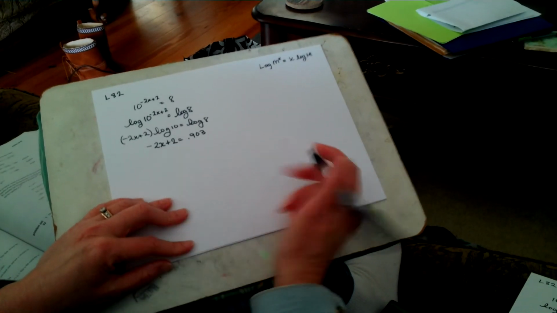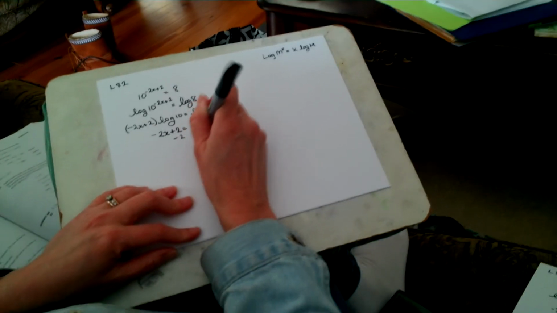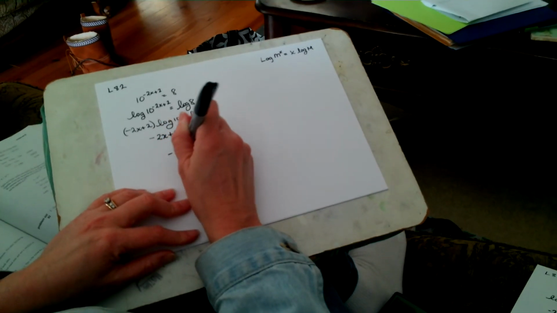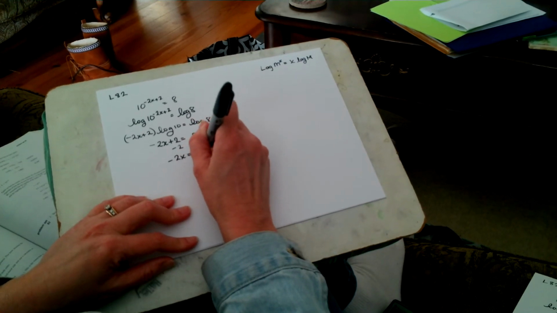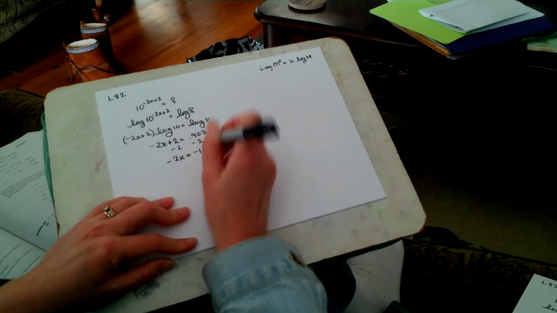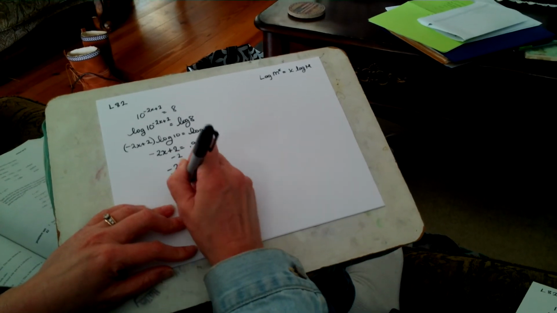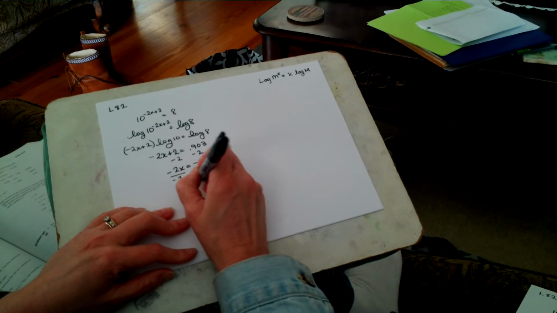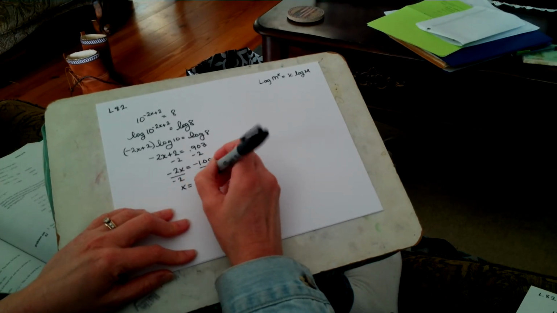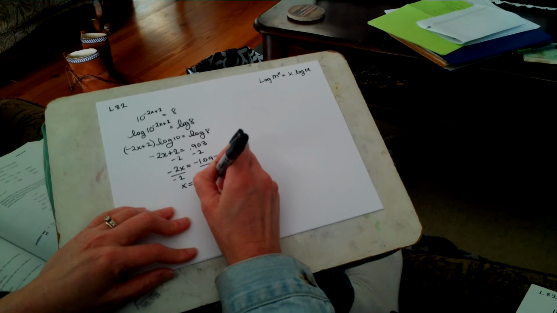We're going to solve for x, and we're going to do it by moving our 2 to the other side. So we get negative 2x is equal to negative 1.097. Divide both sides by negative 2, so x is going to be 0.549.